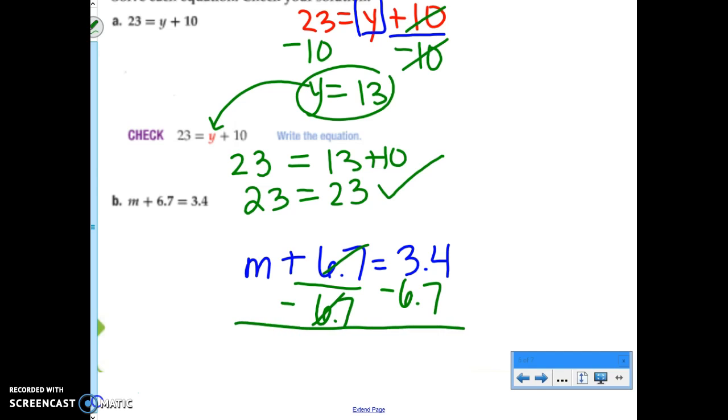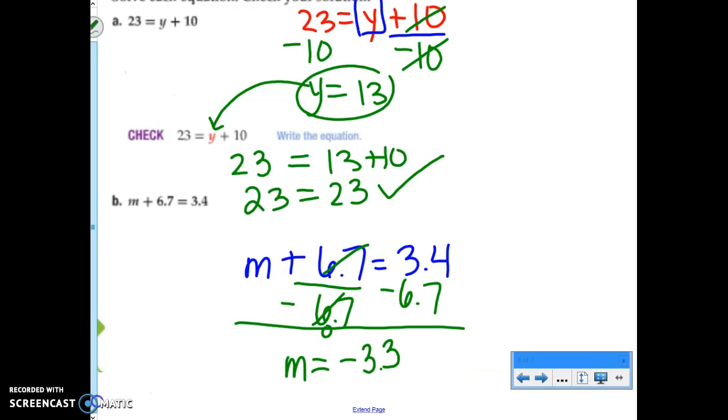All right, so now I'm left with m equals, and 3.4 minus 6.7 gives me a negative 3.3.